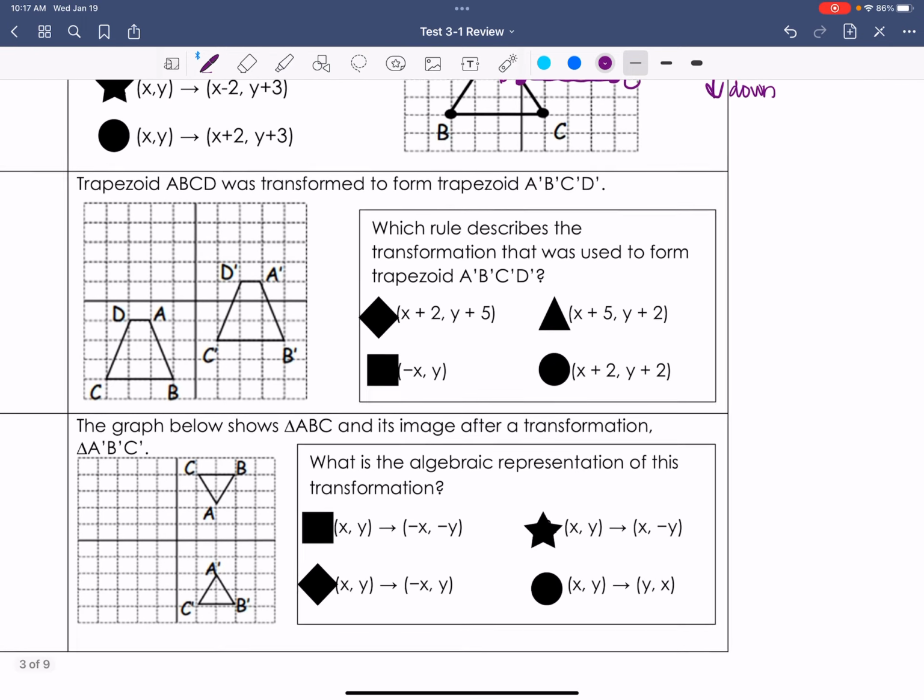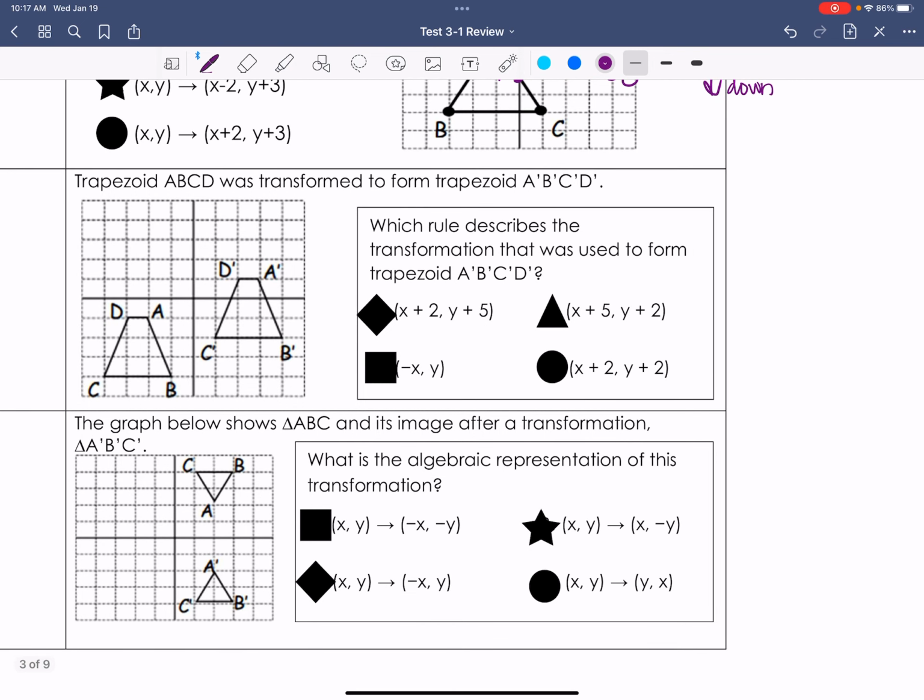Okay, next it says trapezoid ABCD was transformed to form trapezoid A'B'C'D'. Which rule describes the transformation that was used to form trapezoid A'B'C'D'? So here to me, this looks like a translation. It looks like I slid this image across the graph. So again, you need to determine which is your old, which is your new.